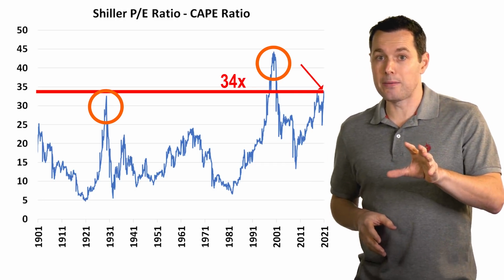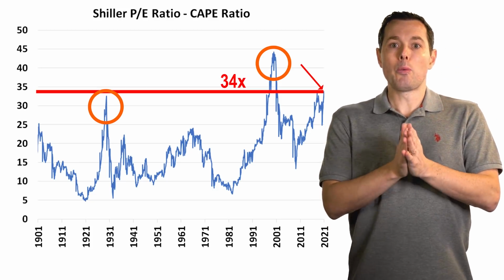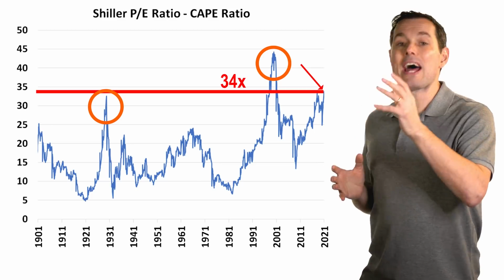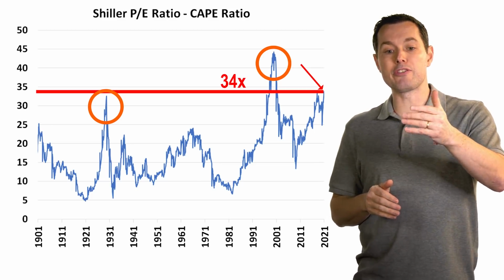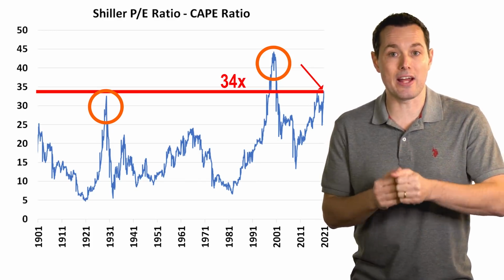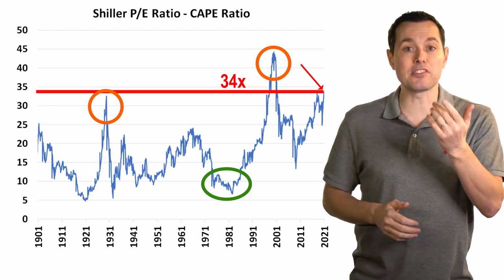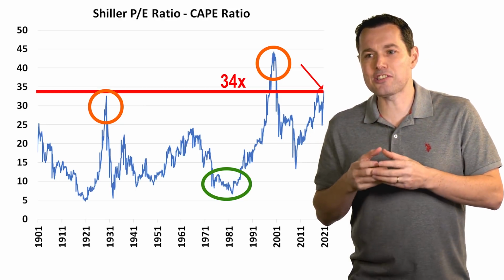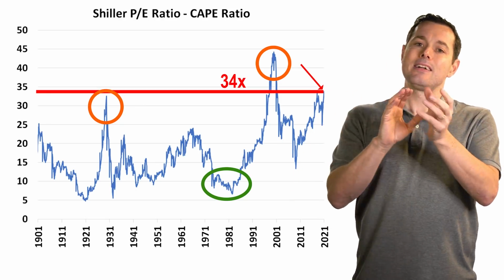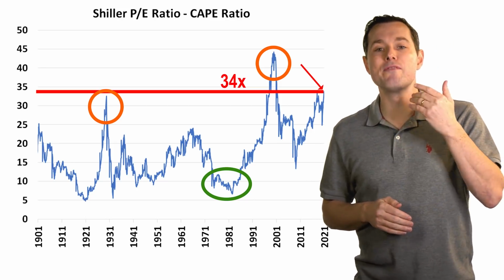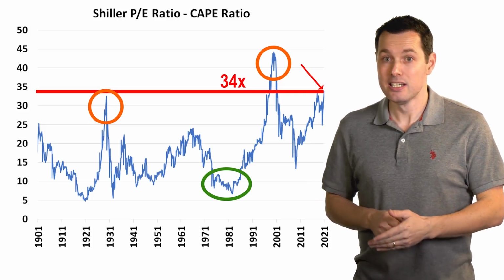Now we should also point out that just like we talked about with the regular PE ratio, you should account for interest rates in that whole thing. If we look at the late 70s and early 80s here, we can see once again the numbers look excessively low, but that's because interest rates and also inflation back then were at a much higher level than today.